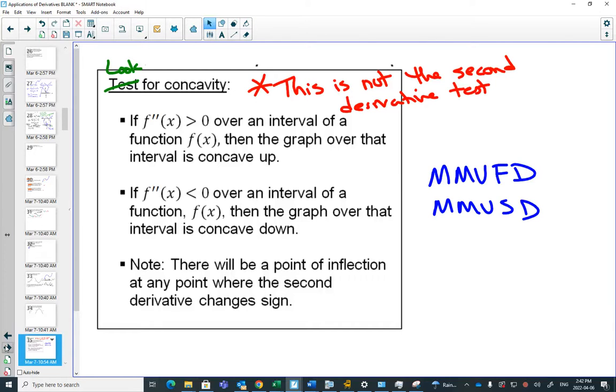Okay, but we're not talking about the MUMST right now. We're just focusing on looking for concavity. So, if your second derivative is bigger than 0 over an interval, then the graph is always concave up. Again, I always like concave up, and I like to use a plus sign there.